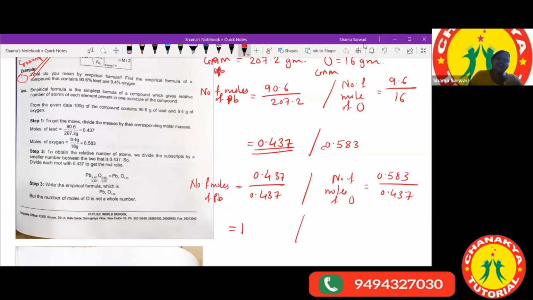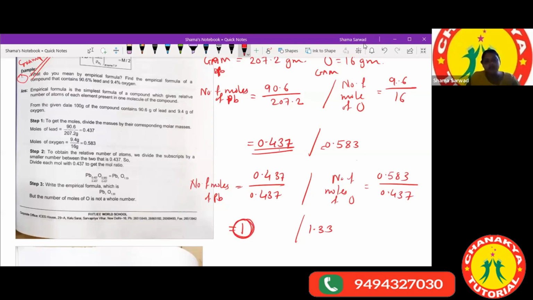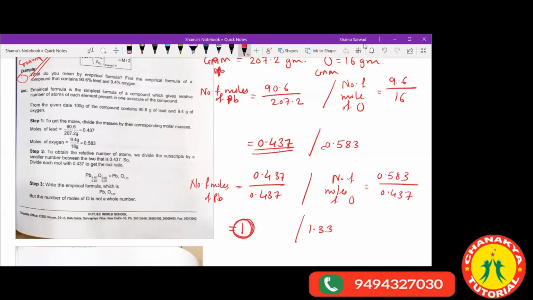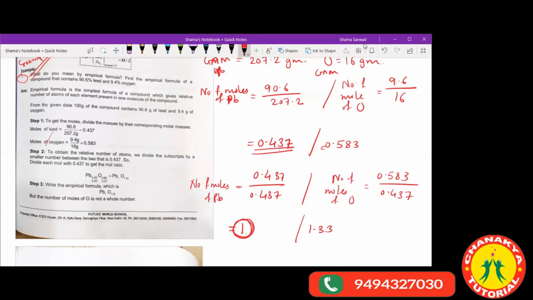It would be almost like this, 1.33, somewhat around or near about. Ma'am, it's 1.33 only. Ma'am, it's 1.2. 1.2? 1.33, yes, 1.32. Okay, fine. 1.32, no issues.